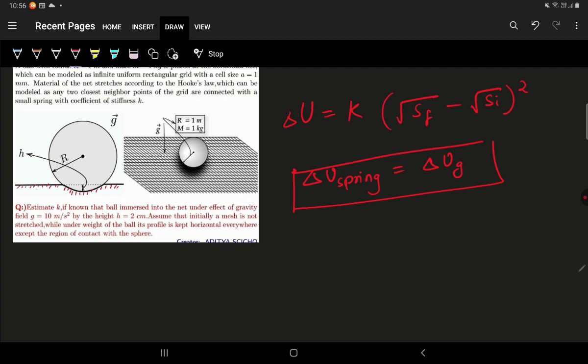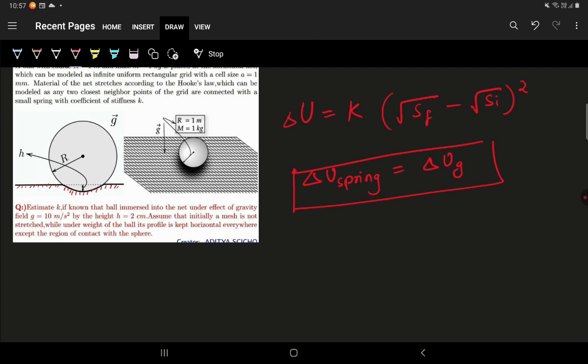Another thing you can do is find the force due to the spring by dU by dr or dU by dh, whatever you say. Then equating it with the mg factor, you will also get that. Though there may be a difference in the prefactor of the expressions, the order will mostly remain the same. So nothing to worry about.